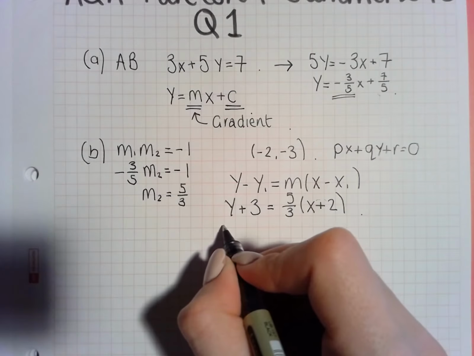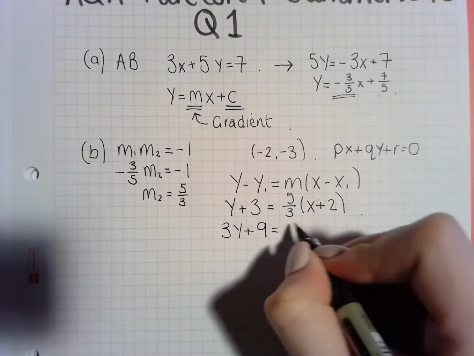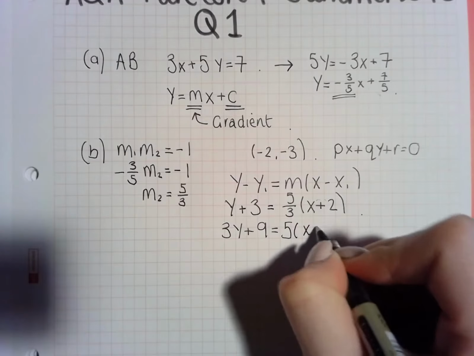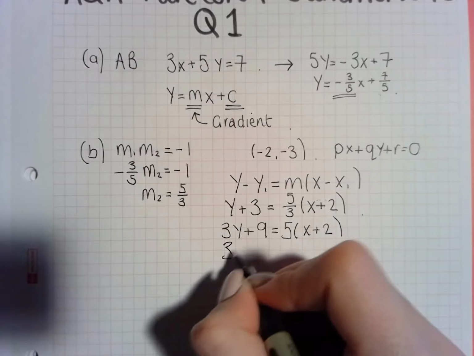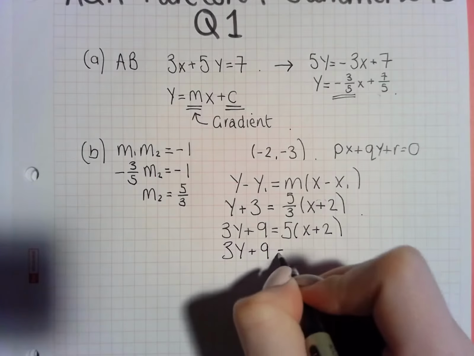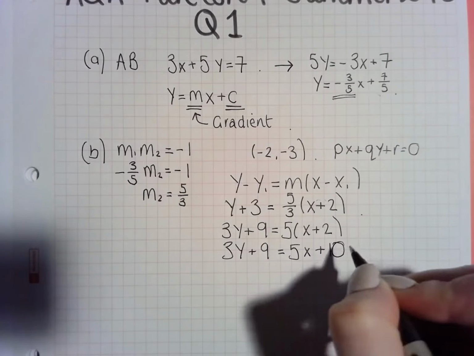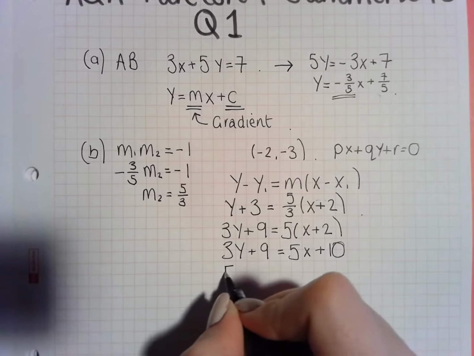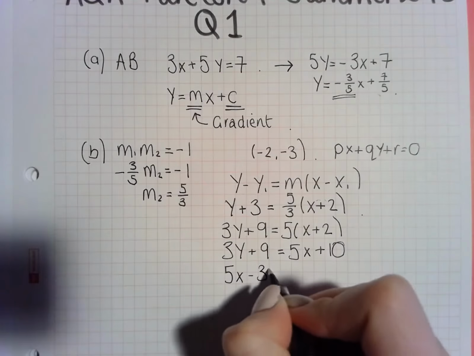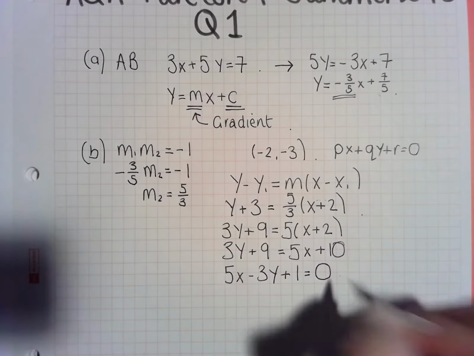So 3y plus 9 equals 5x plus 10, and bring that all over to one side, we find the answer to be 5x minus 3y plus 1 equals 0. And that's our answer.